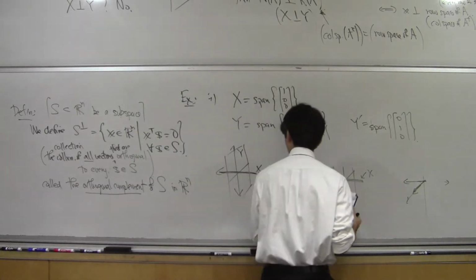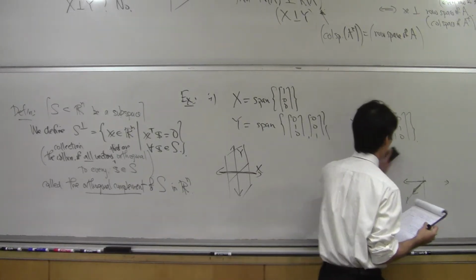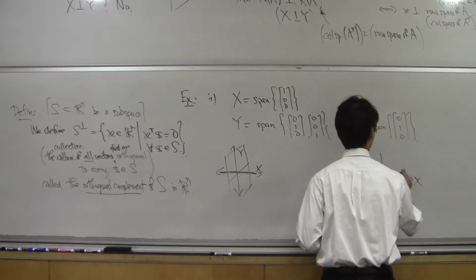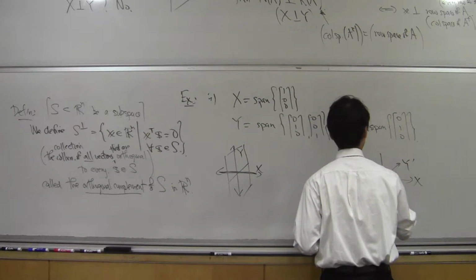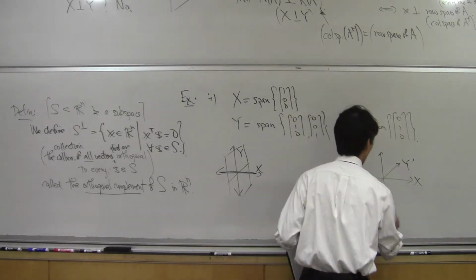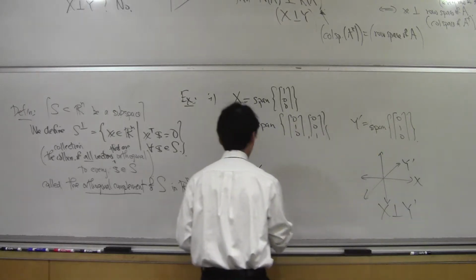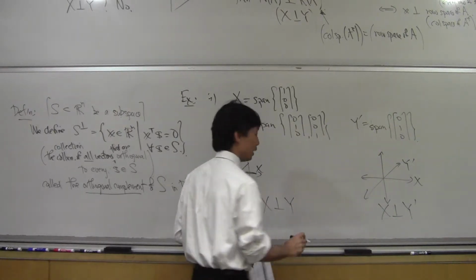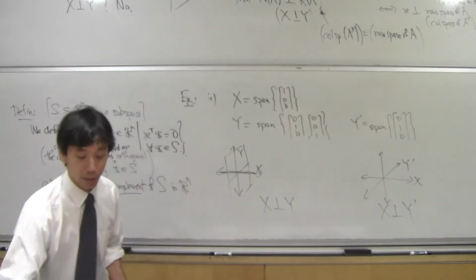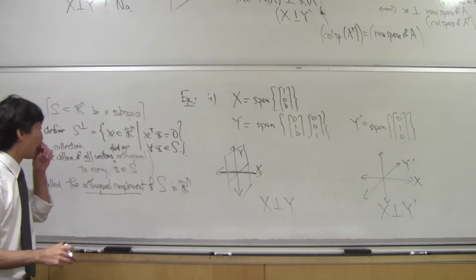We also had the x-axis and the y-axis, right? The x-axis and the y-axis. Okay, and in both cases, we could say that these things were orthogonal subspaces. Okay, but you see, it's not exactly the same thing.